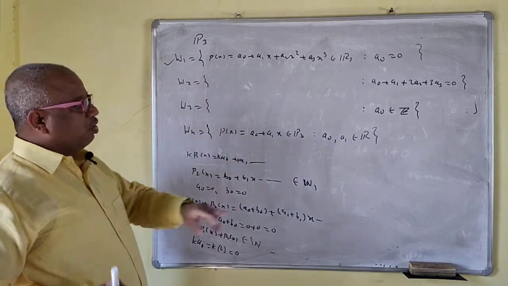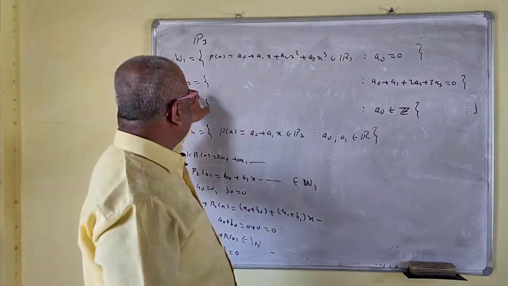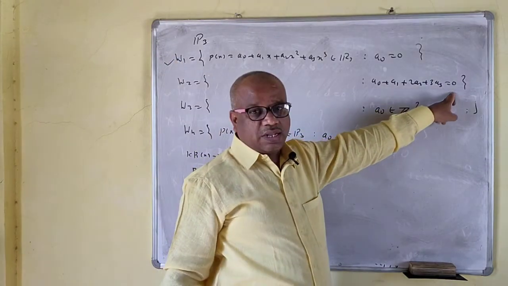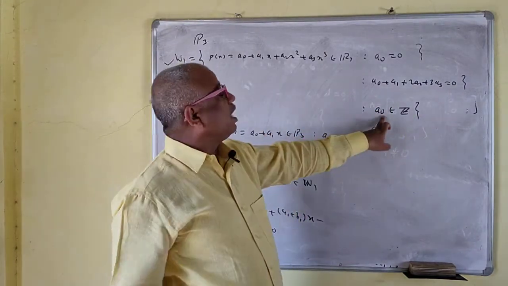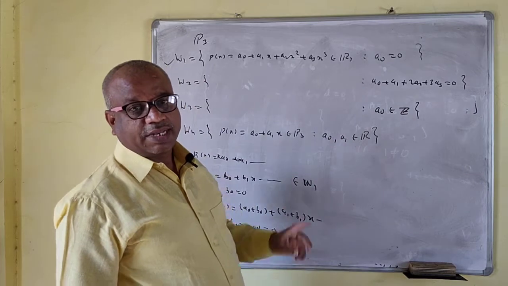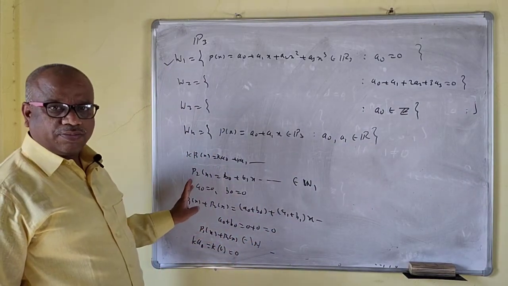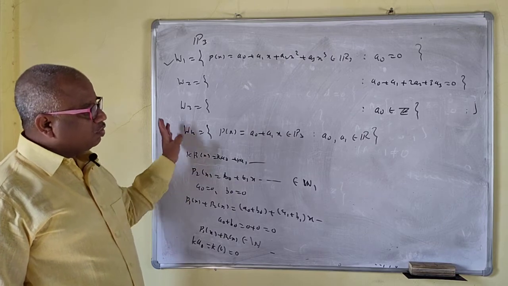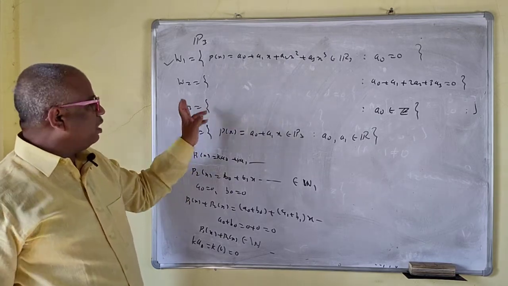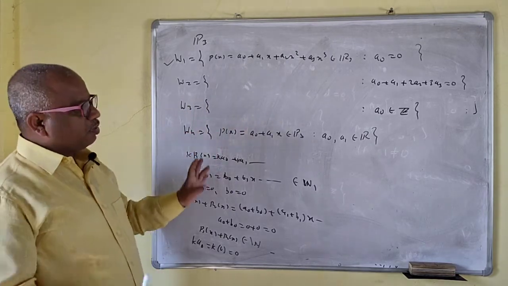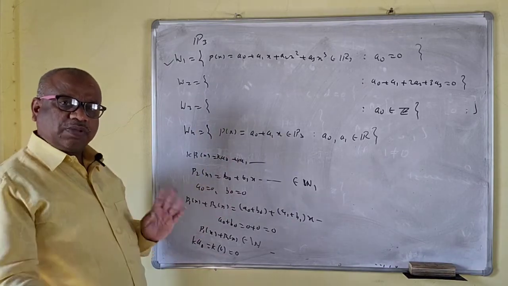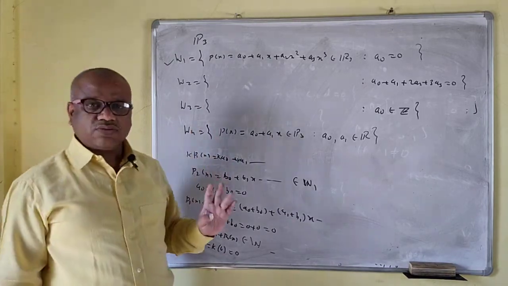Now also you can prove that W2 is a subspace, because this is equal to 0. Now for W3, a0 belongs to Z, it is an integer. The zero polynomial is there. The sum of two polynomials is also there because a0 plus b0 is an integer.